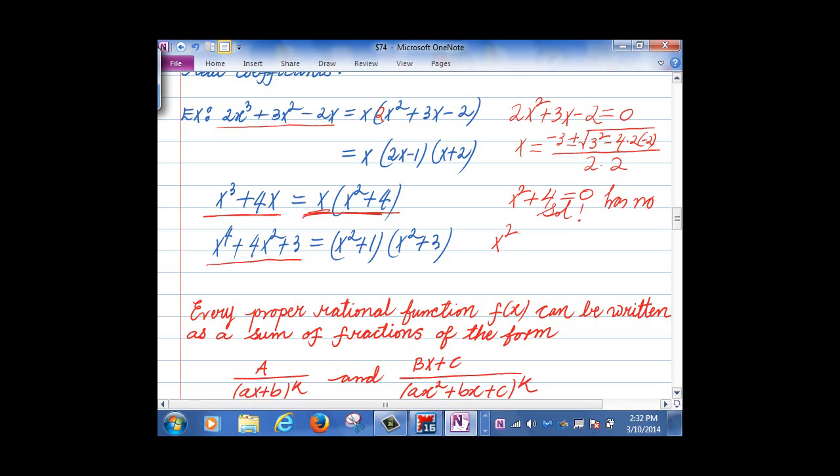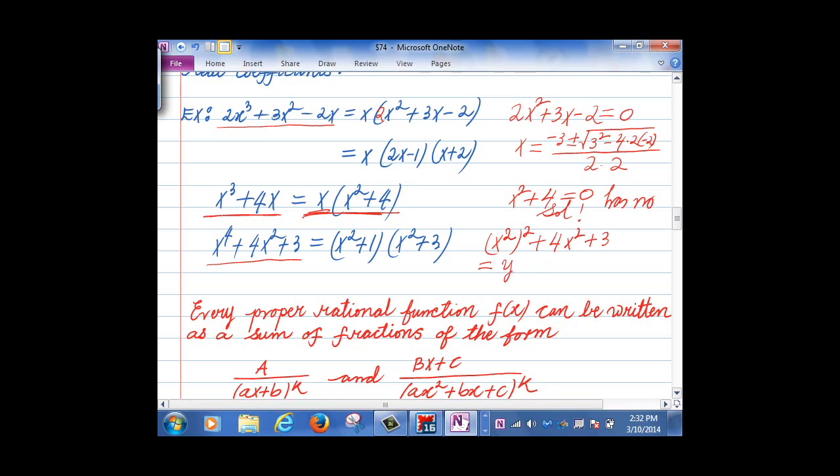What I'm going to do is rewrite this polynomial as x to the fourth plus 4x squared plus 3.